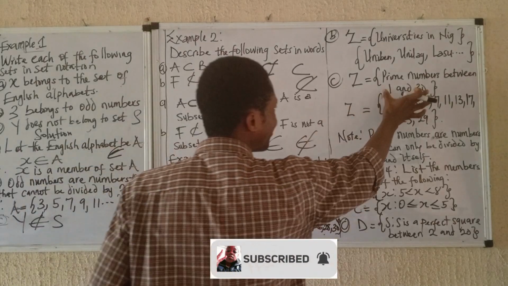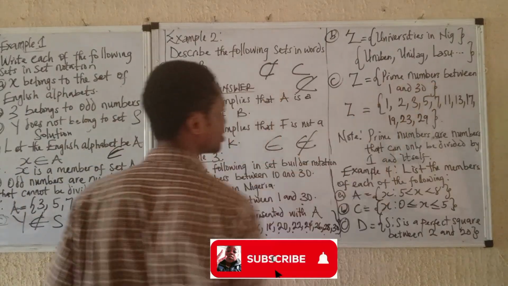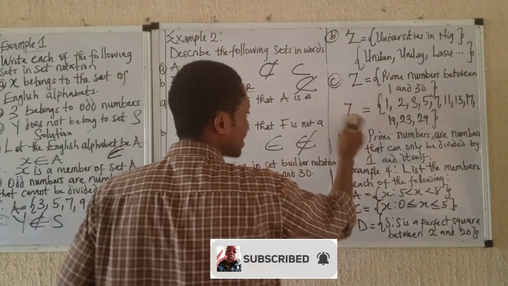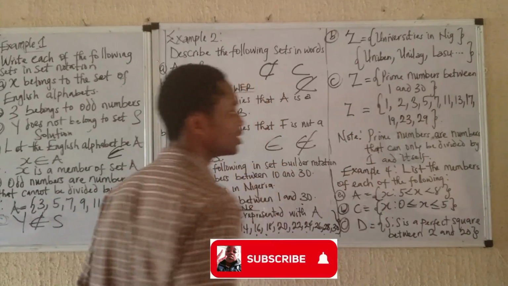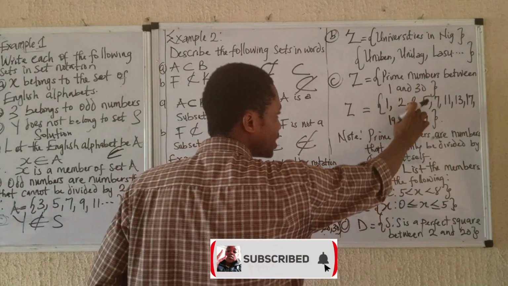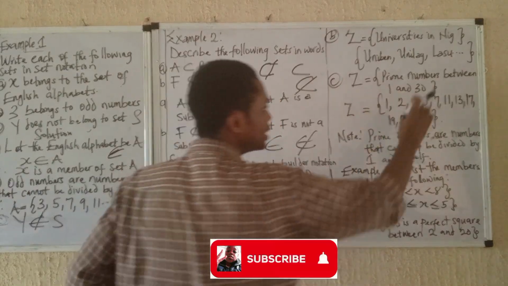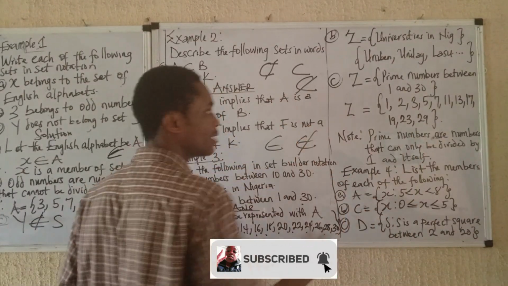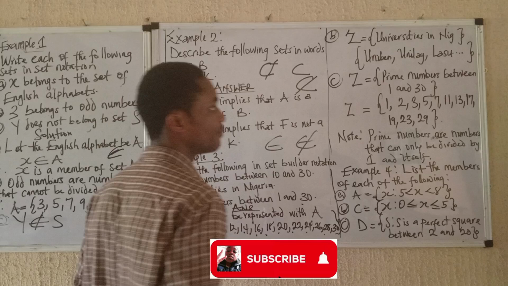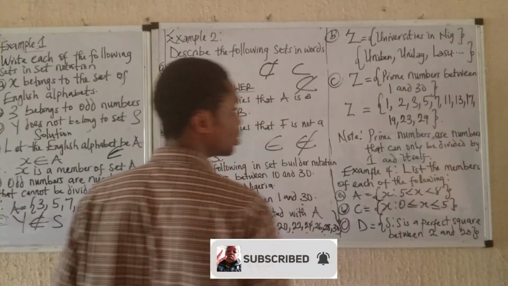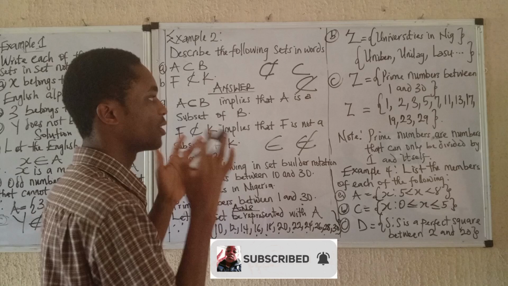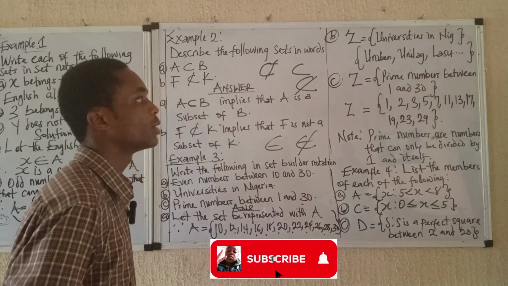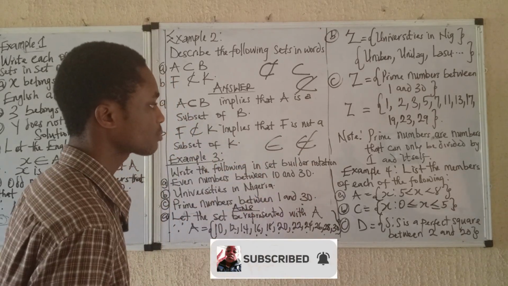So, solving question C, Z, which is the set, equals 2, 3, 5, 7, 11, 13, 17, 19, 23, and 29. So these are examples of prime numbers.